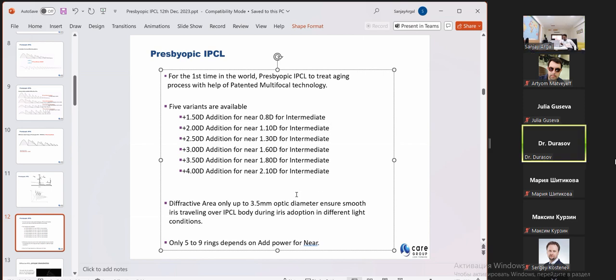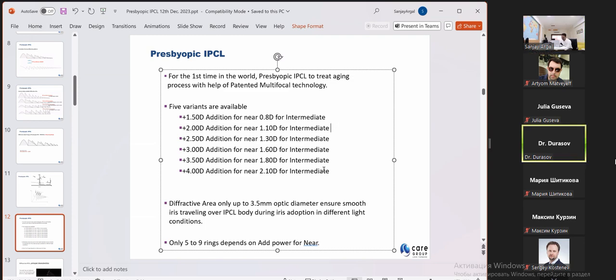The next is 2.5 diopter for near and 1.3 for intermediate. Similarly 3 for near and 1.6 diopter for intermediate. And the next is 3.5 for near, 1.8 for intermediate.